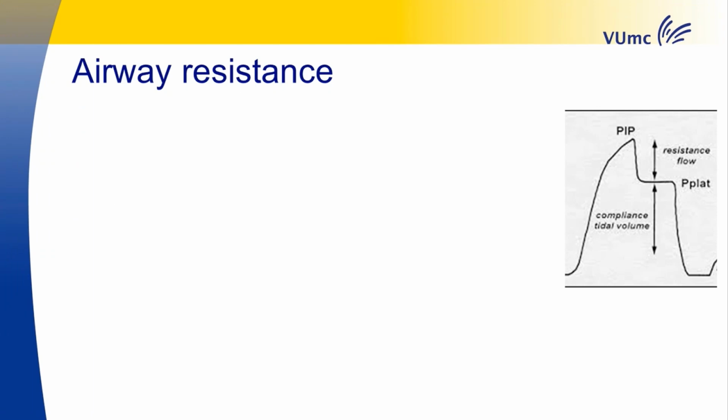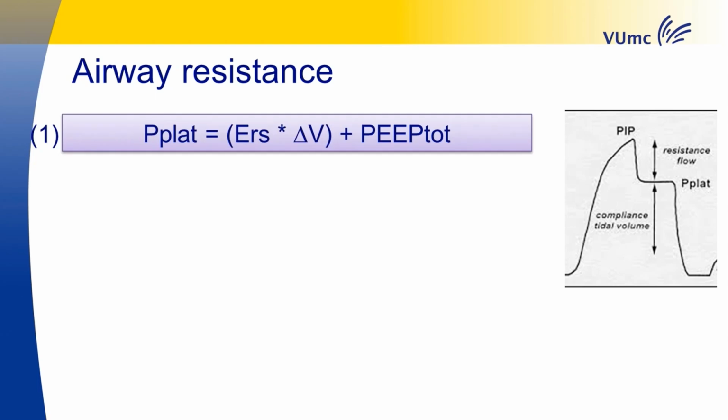So, where does the concept of airway pressure come from? And I'm sorry, it's pretty tough physiology, but I think it helps in your understanding of what is going on. I've already shown you this, right? Plateau pressure. So no flow, plateau pressure depends on elastic recoil pressure and the total amount of PEEP.